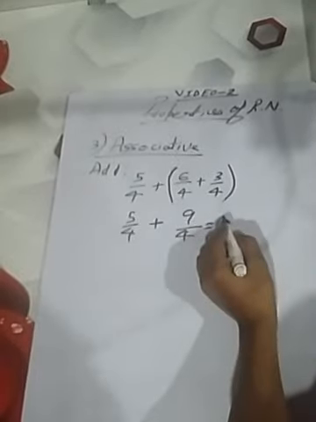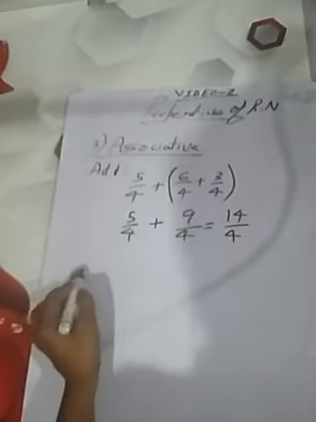Now I have to add them. So according to the associative property, let's check this. If you are adding this first, whatever the result, let me check, solve this. It will be what, 9 by 4. Then we will be having 14 by 4.